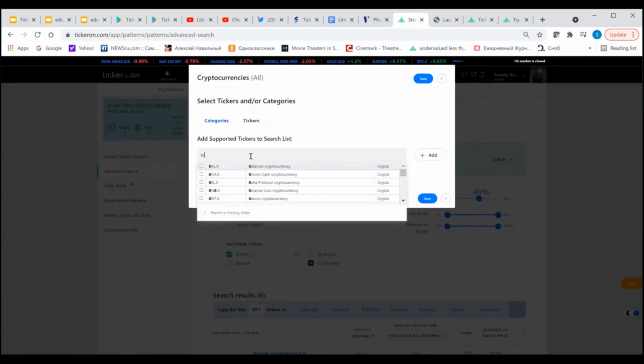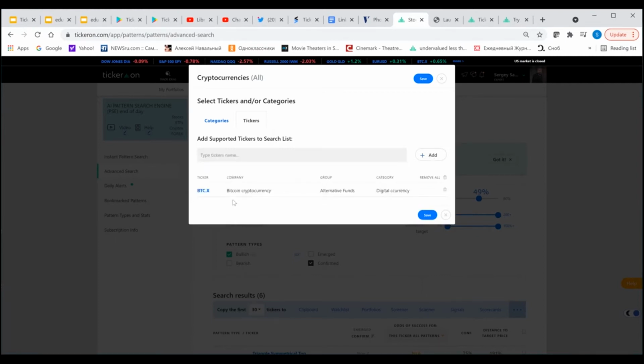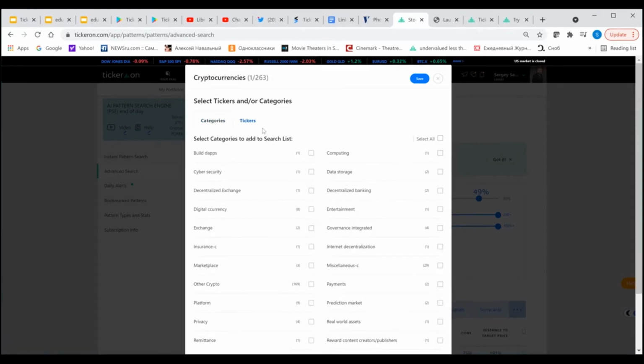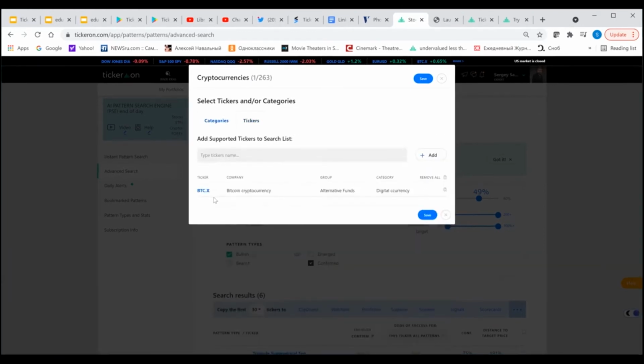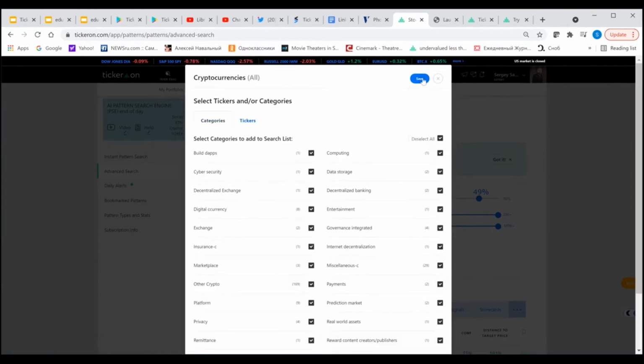Let me try it again, BTC, add. Now it's for sure going to be looking at BTC. When I build my own robot, I'll uncheck everything and check only BTC, so it finds patterns only on Bitcoin. I select those and save.